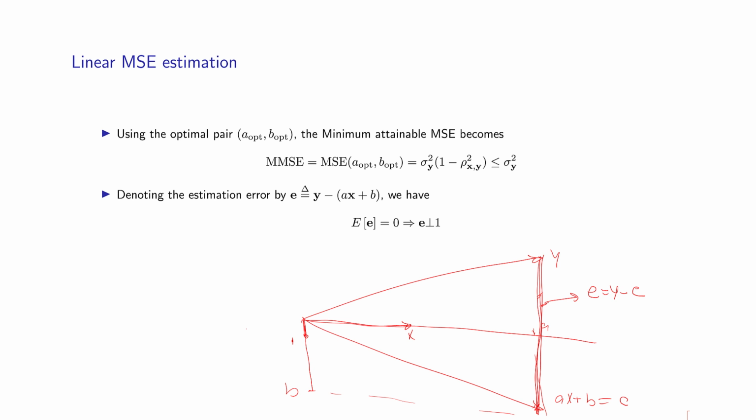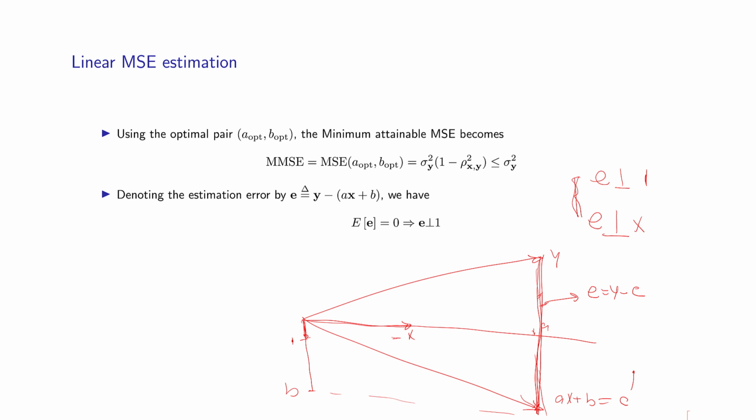If you consider the plane which contains vector x and vector 1, and the error is perpendicular to x and perpendicular to 1, then c is optimal.